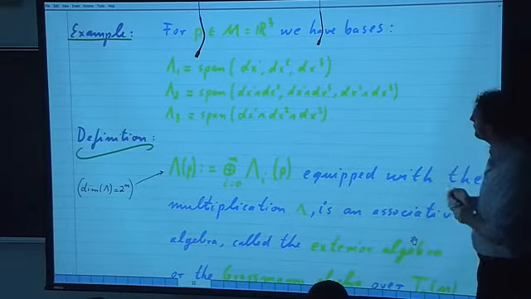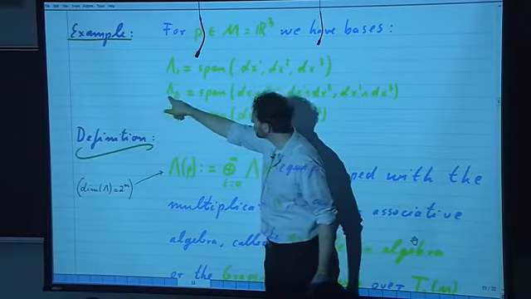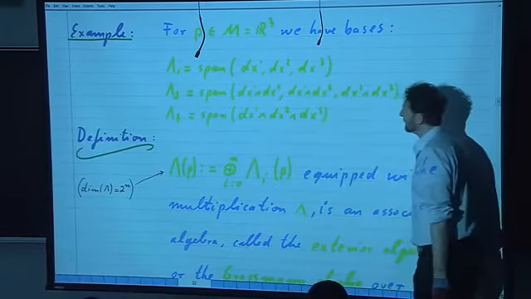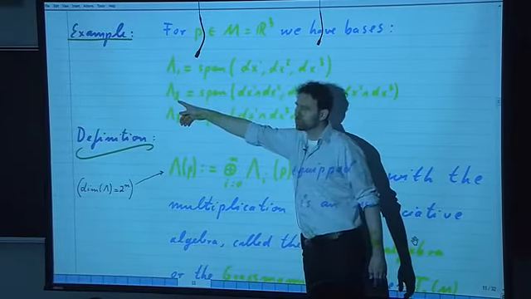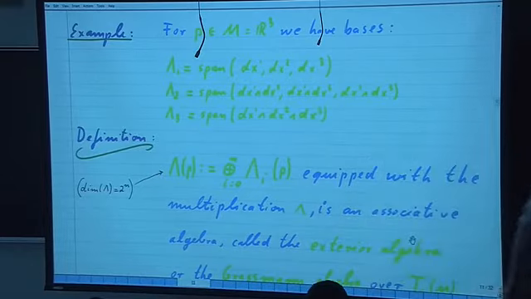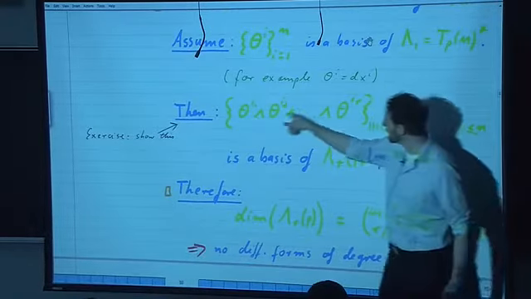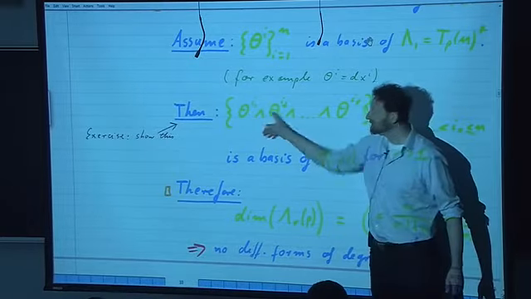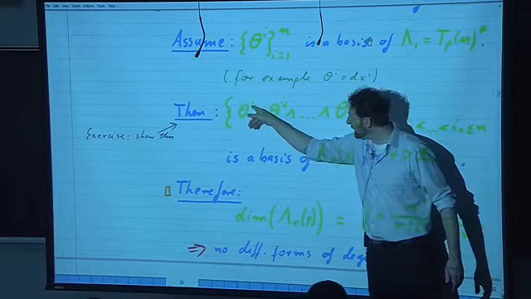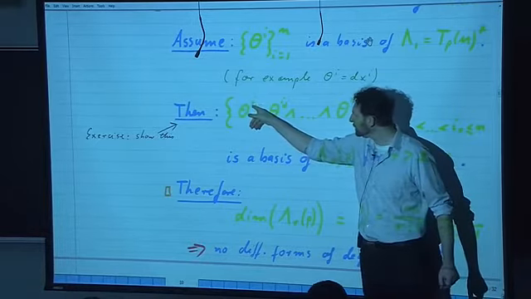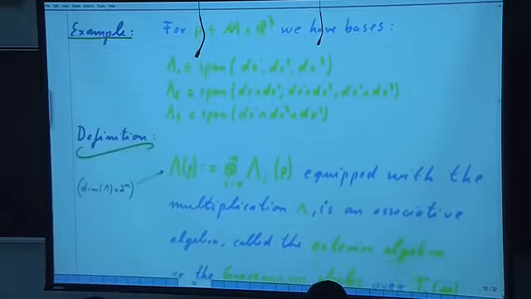In the case of R3, what though is the space of two forms in R3? Now remember, the space of two forms is spanned by all possible wedge products of cotangent vectors which are ordered by the magnitude of their index. And that's what we have here.